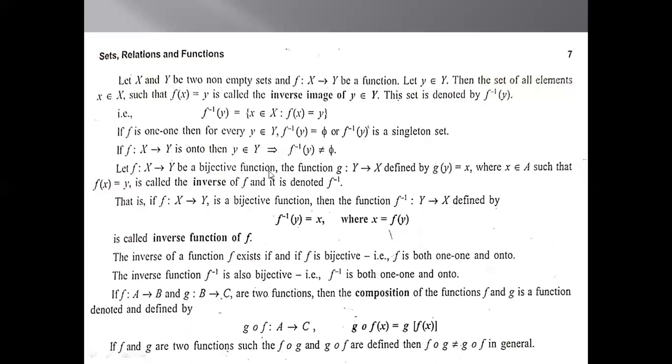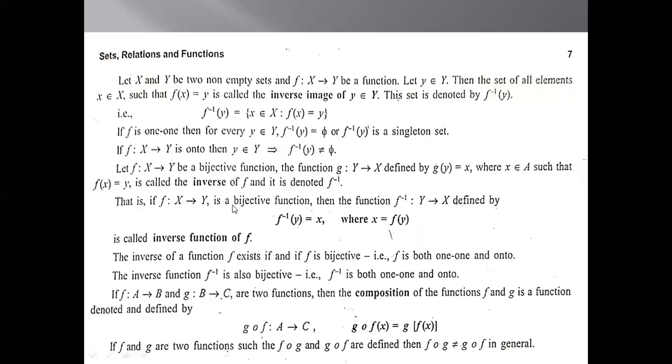Let f from X to Y be a bijective function. The function g from Y to X defined by g of y is equal to x, where x belongs to A such that f of x is equal to y, is called the inverse of f, and it is denoted by f inverse.